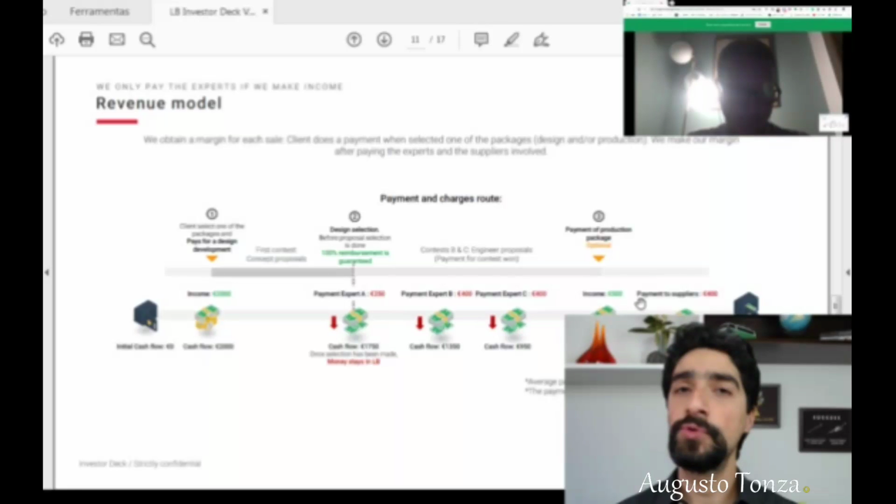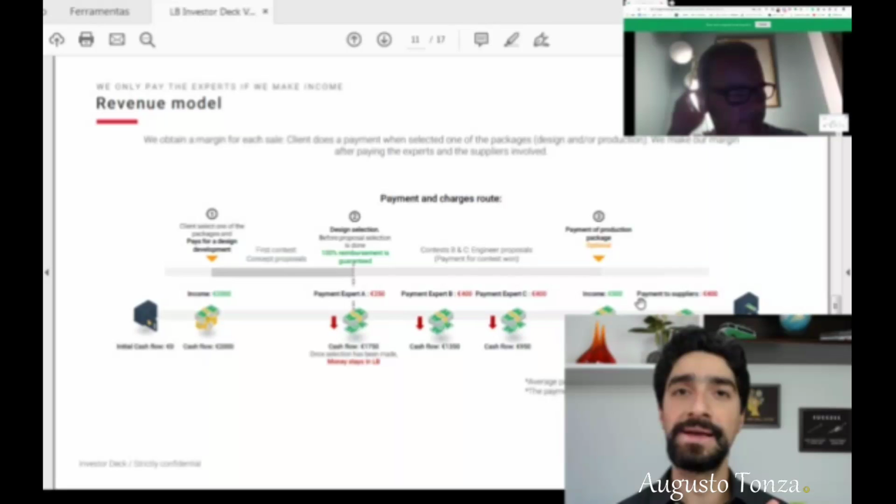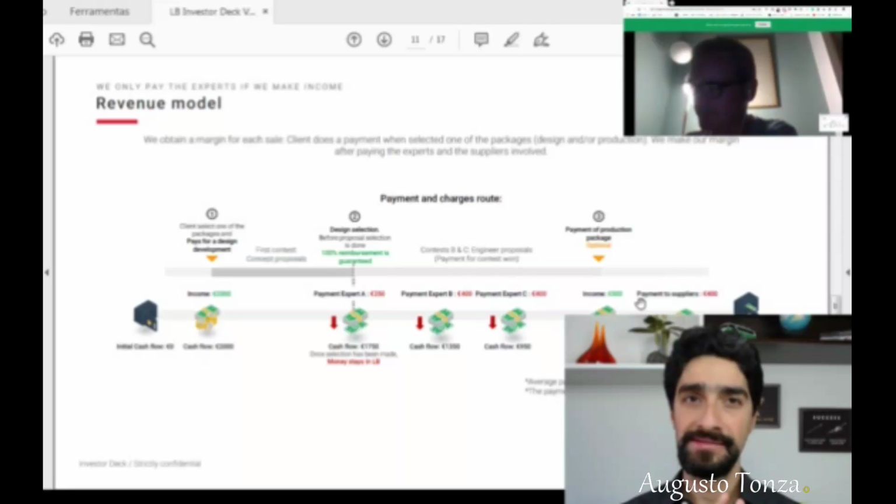What I would suggest is to pick just the most important information and leave it here in the slide, in a sequence that demonstrates how much money you are going to make with your business.